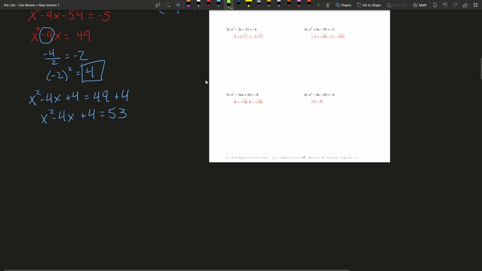And then we can factor the left-hand side. So if we factor this, we'll get x minus 2 squared is equal to 53. And then all we have to do is get this 53 back over to the left. So we get x minus 2 quantity squared minus 53 is equal to 0. Now our vertex is just h and k.